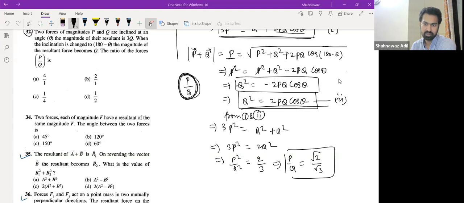Done, guys. Okay, then meet you next Saturday, guys. Then I will talk about this dot product. I hope that in Yasir's class, the dot product will be finished. So then we'll do the question on this dot product and the resolution of vectors also.